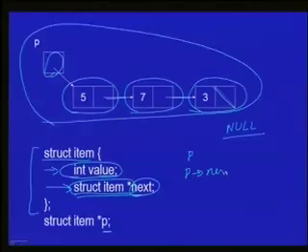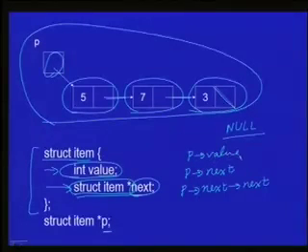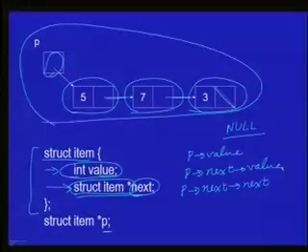So P arrow next will be a pointer to the second element, and similarly P arrow next arrow next will be a pointer to the third element, and so on and so forth. And similarly P arrow value is the data value of the first element, P arrow next arrow value is the data value of the second element, and P arrow next arrow next arrow value is the data value of the third element in the list, which is 3 in this particular case.